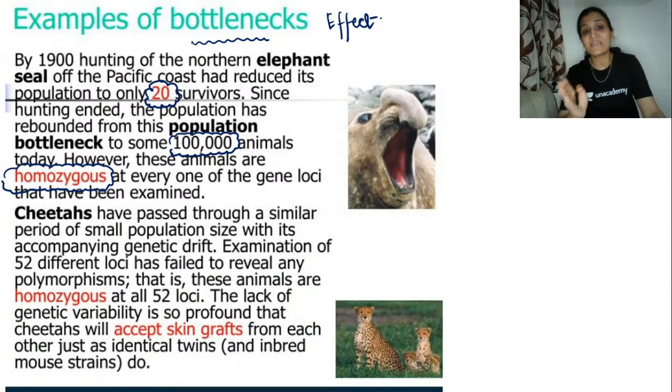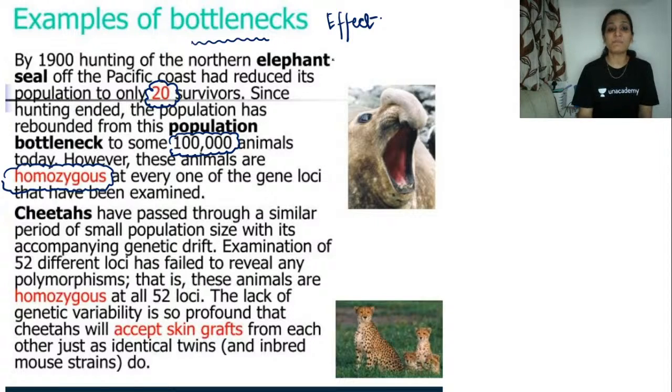So the immediate effect of bottleneck is reduced allelic gene frequency. The gene frequency has just come down so much. So this is a very important example of bottleneck effect. The first example is of northern elephant seal.